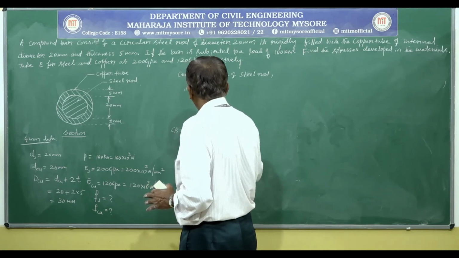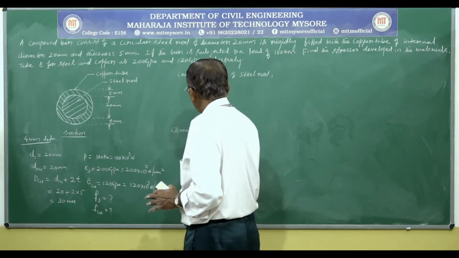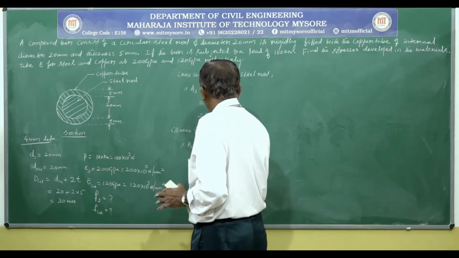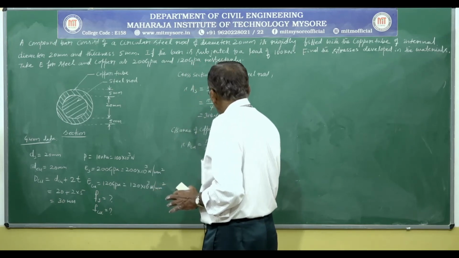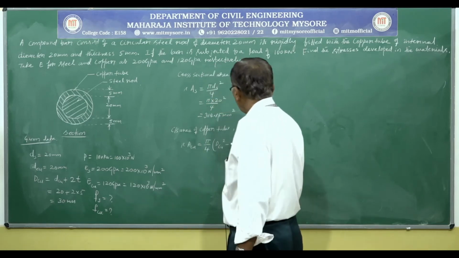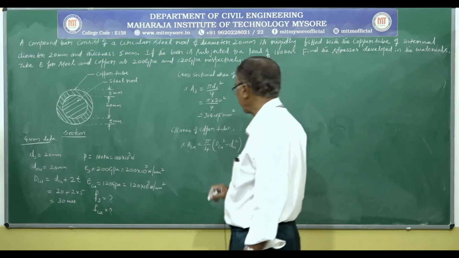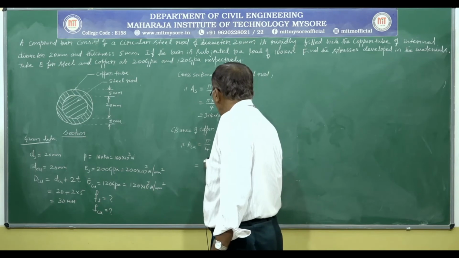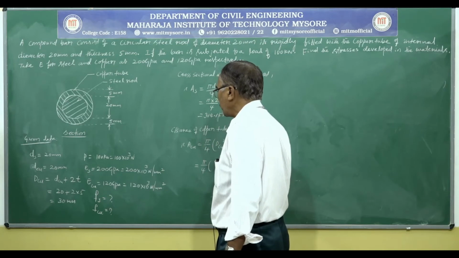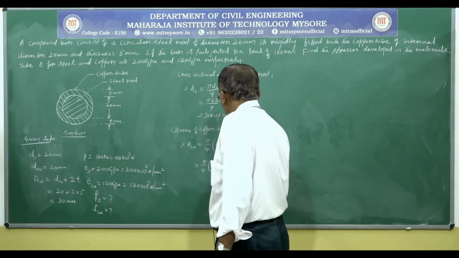Next, cross sectional area of copper tube, that is Acu is equal to pi by 4 into capital Dcu square minus small dcu square, that is equal to pi by 4 into capital D is 30 square minus 20 square.